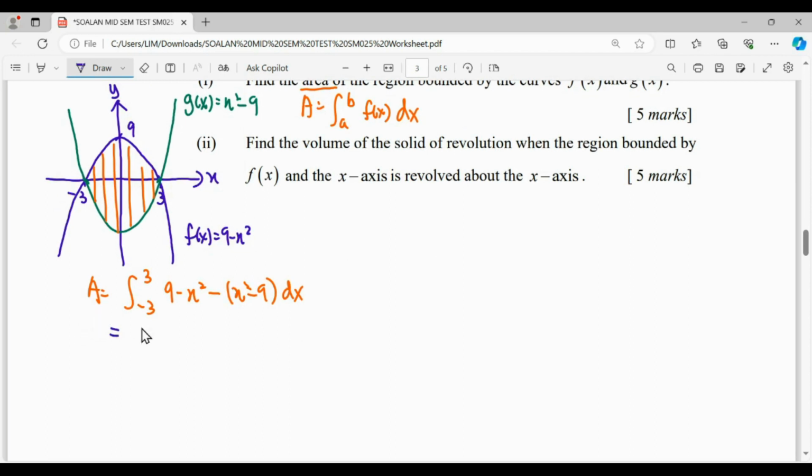To find this area, we simplify, where negative becomes negative 2x squared, and 9 minus a negative becomes plus 18. Then integrate it: power plus 1 over new power, and integrating the constant we get 18x, with upper limit 3 and lower limit negative 3.